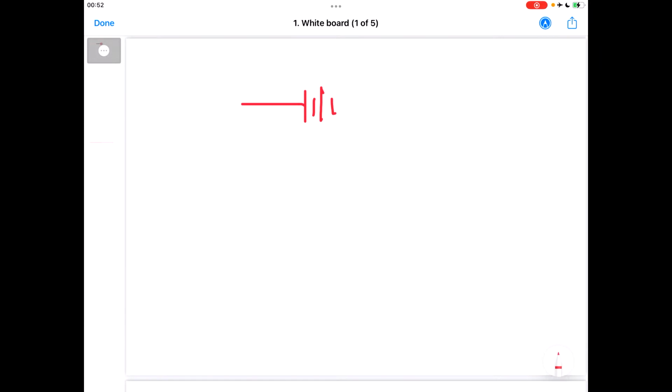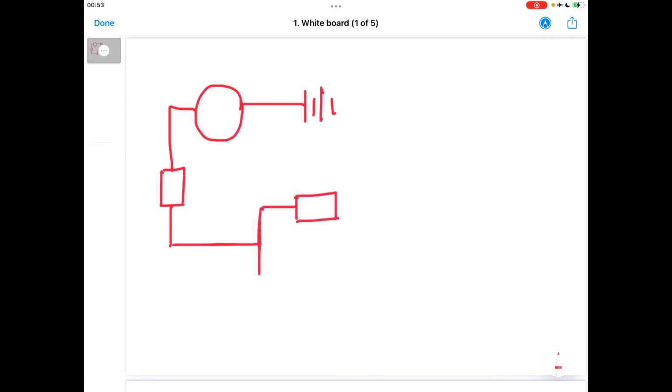Remember guys, this is just me trying to draw something. It doesn't need to make perfect sense or be accurate. I just need to give you an idea of how circuits may look and do a very quick interpretation.